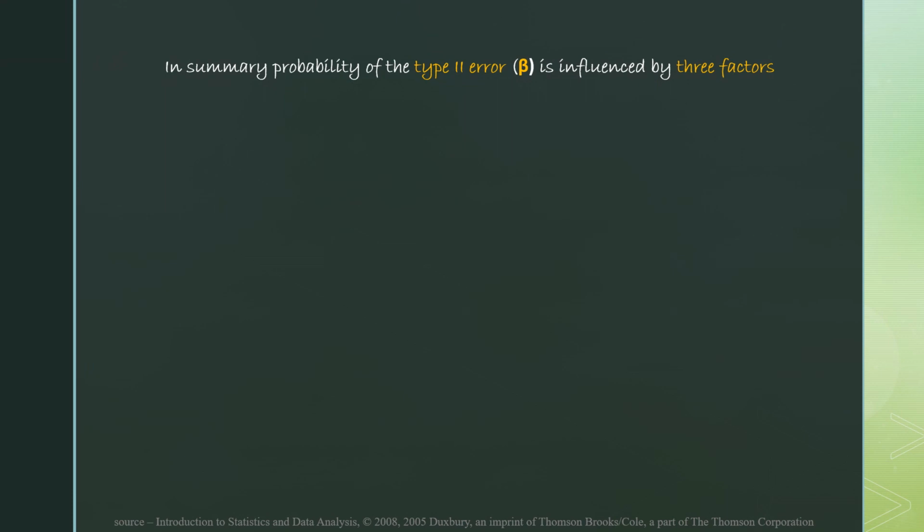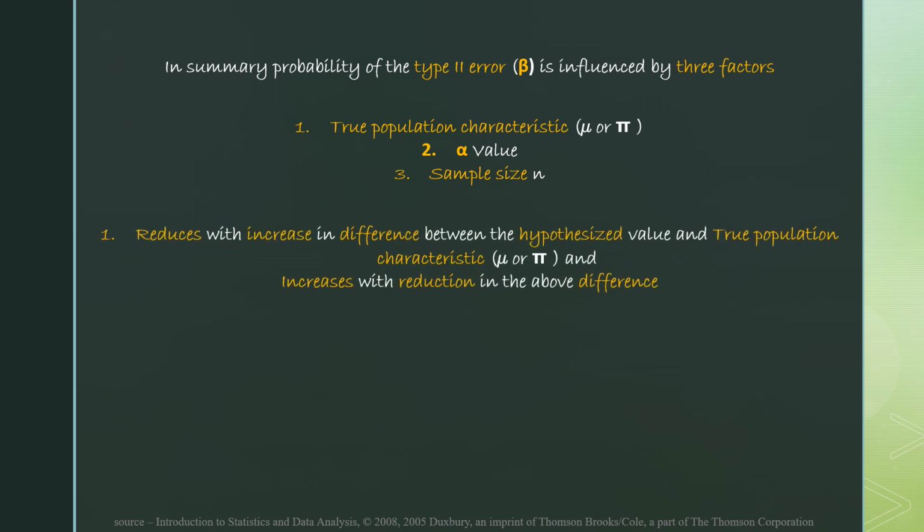In summary, probability of the type 2 error, that is beta, is influenced by three factors: true population characteristic mu or pi, alpha value, and the sample size n. It reduces with increase in difference between the hypothesized value and the true population characteristic mu or pi, and increases with the reduction in the above difference.